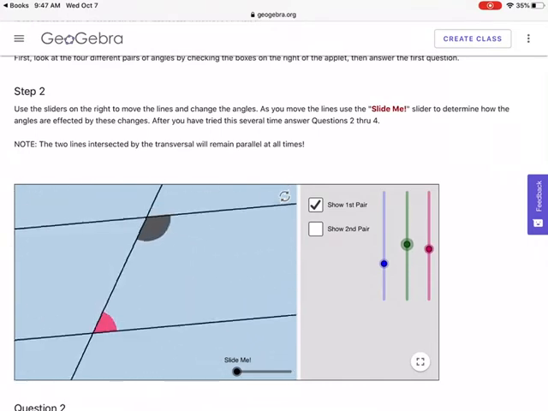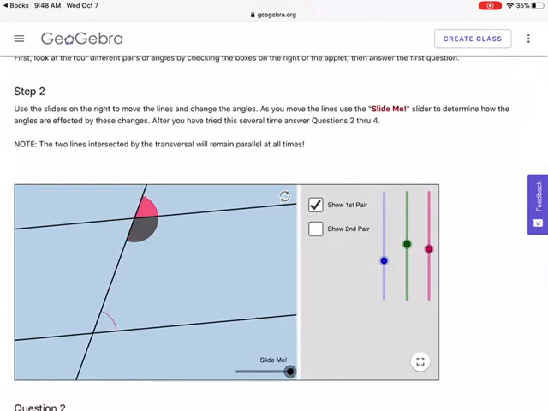Now, what's going to be the punchline? What's so great about consecutive interior angles? Why do we care about them? Well, this is the reason right here. This pink angle and this gray angle form a linear pair. If I slide it all the way up here, this pink one is basically going up to the corresponding angle.